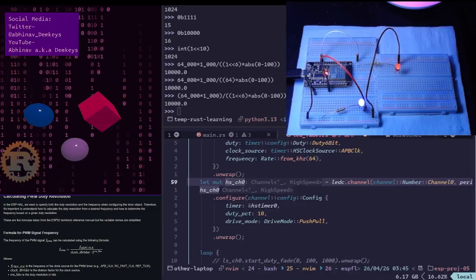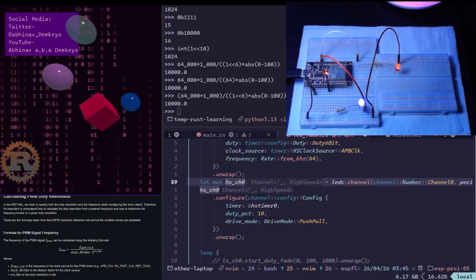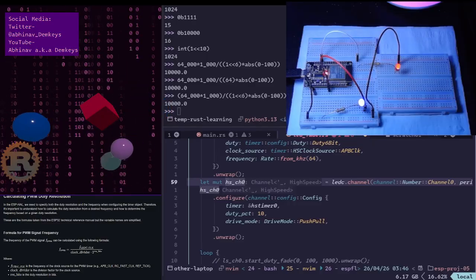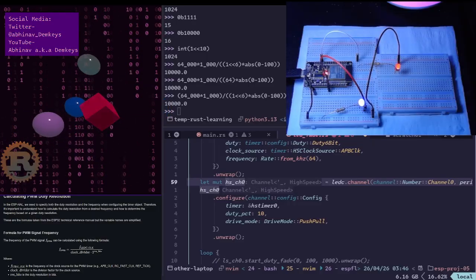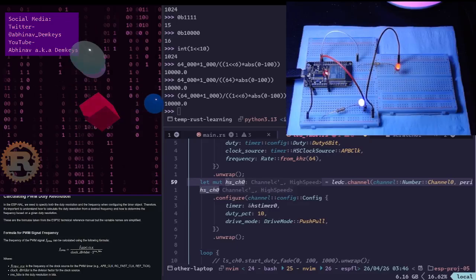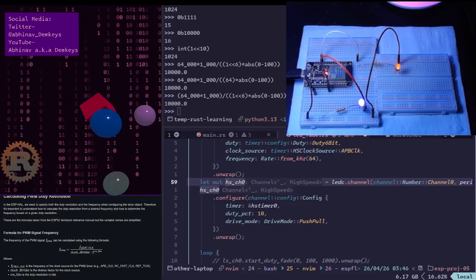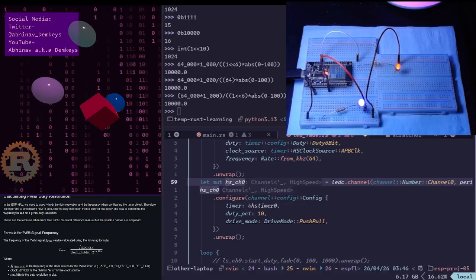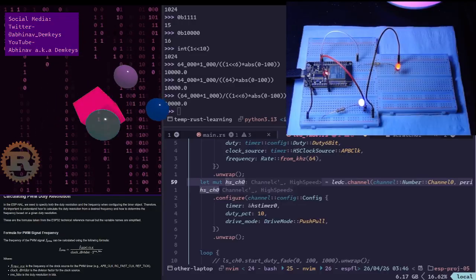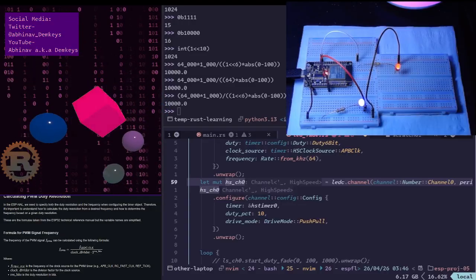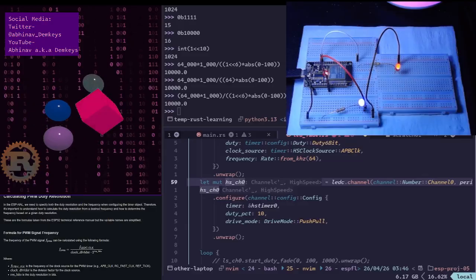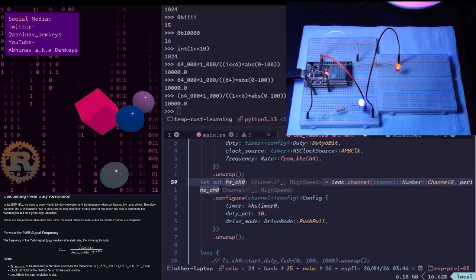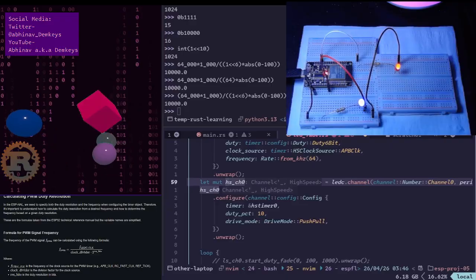Where can I find the implementation for this? Okay, let me try searching here. Start, duty, fade. Okay. Is this where it's being done? Yeah, impl channel iFace for channel. Yeah, here it is. Okay. Have they mentioned it in the docs over here?